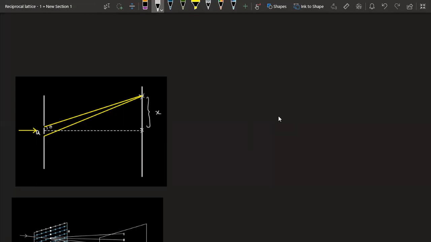The first bright spot occurs at an angle theta. From this large triangle, if the separation between the slit screen and the observation screen is d, then tan theta is simply x by d, isn't it?